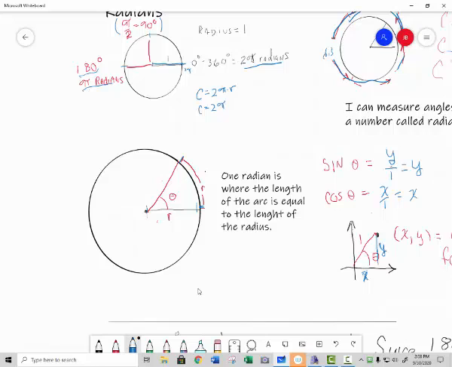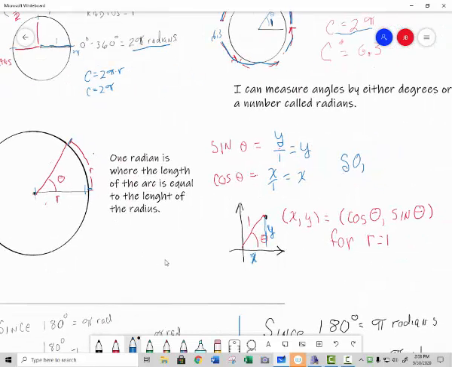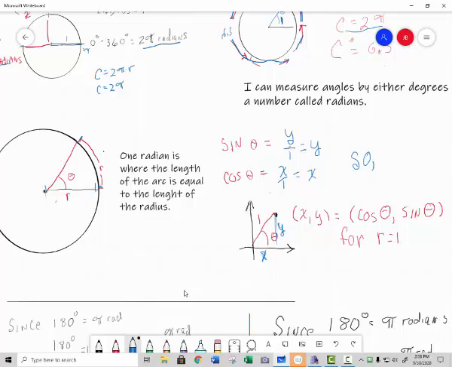Now, I want you to think about something. What I'm going to do is I'm going to drop a perpendicular right here. And this is the figure that I will get. I'll have some particular angle, theta. The radius is going to be 1 in this case. And I want to know what this value of y is.